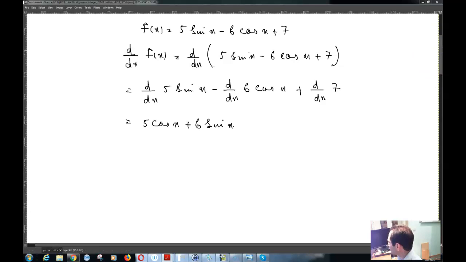Or suppose that you have, for example, f of x is equal to 2 times tan x minus 7 times secant x.